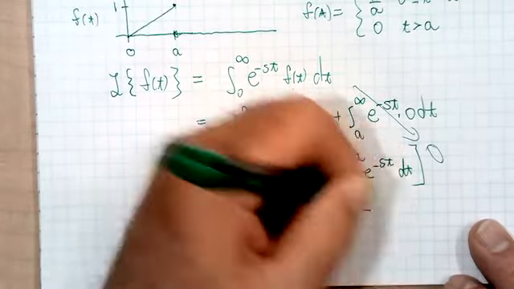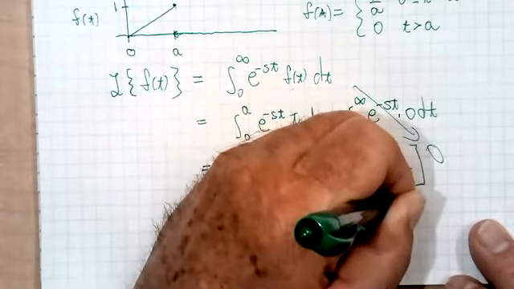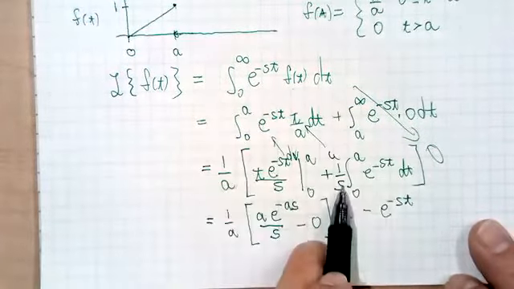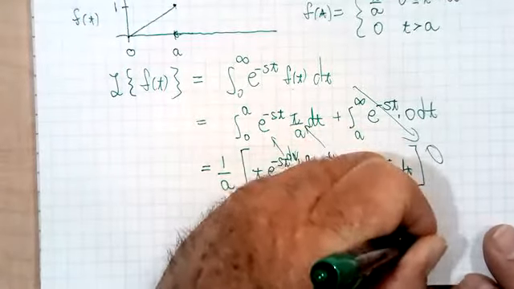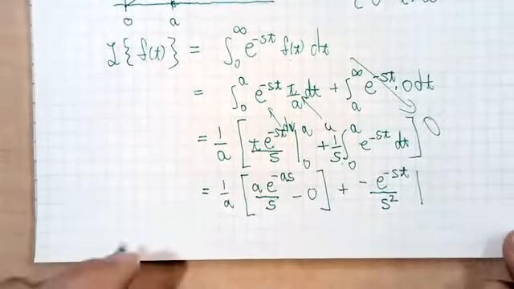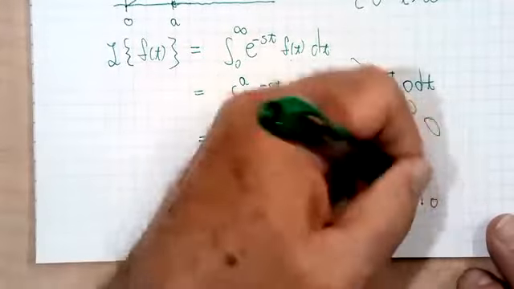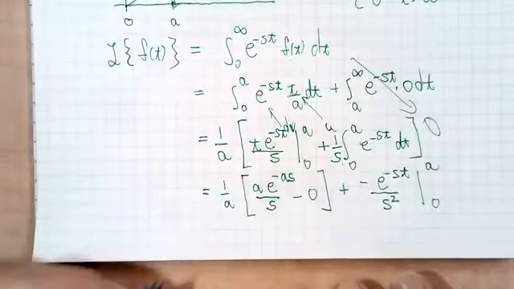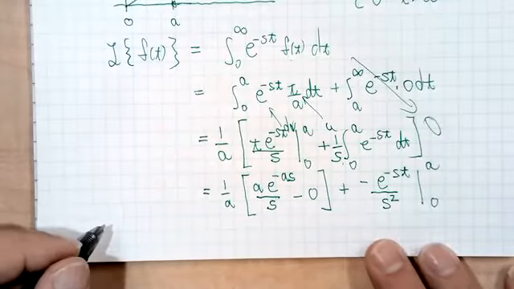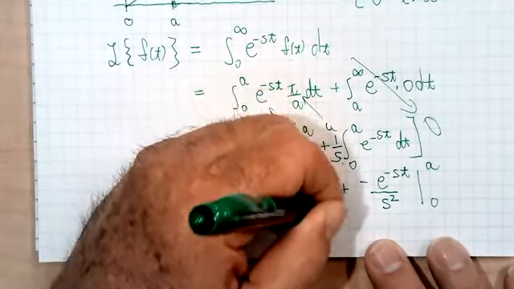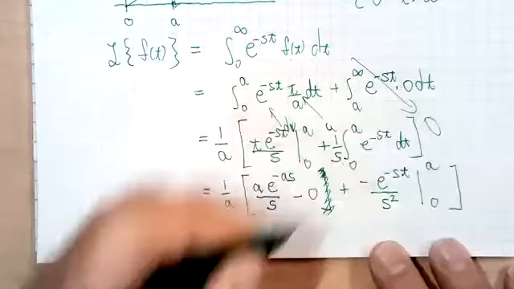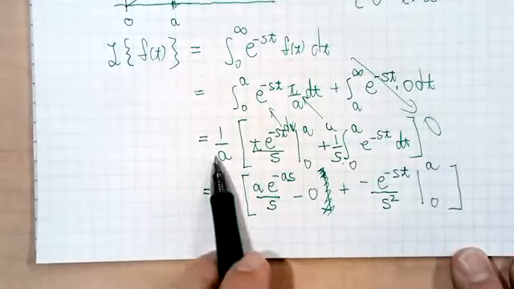So minus e to the minus st, but we had another s there, so over s squared on the interval from 0 to a. Oh, I'm making a mistake here. Square bracket here, everything gets multiplied by 1 over a, right?